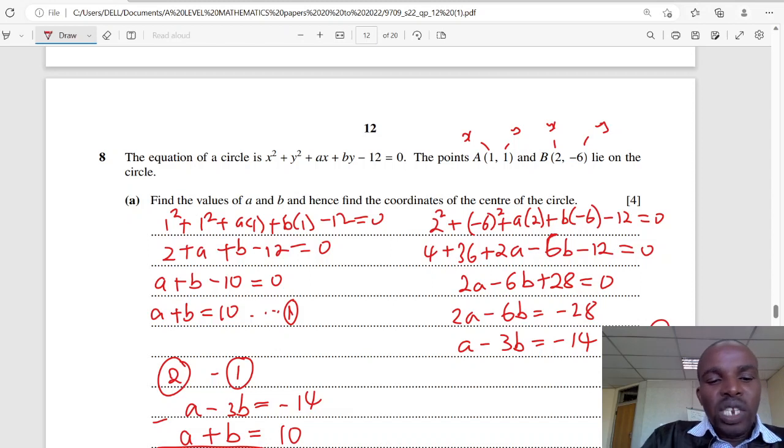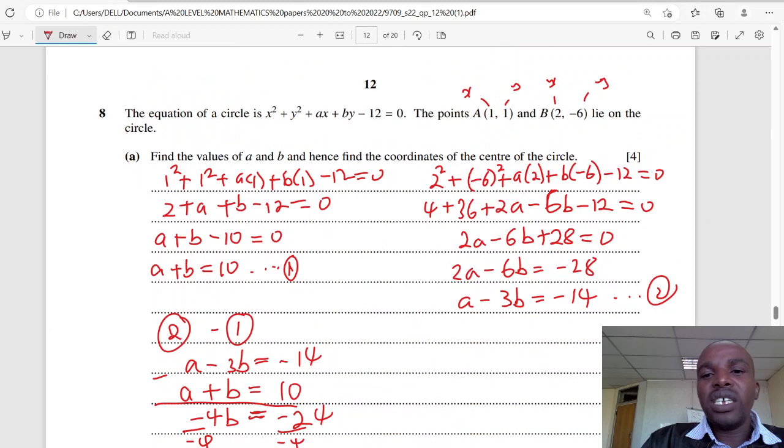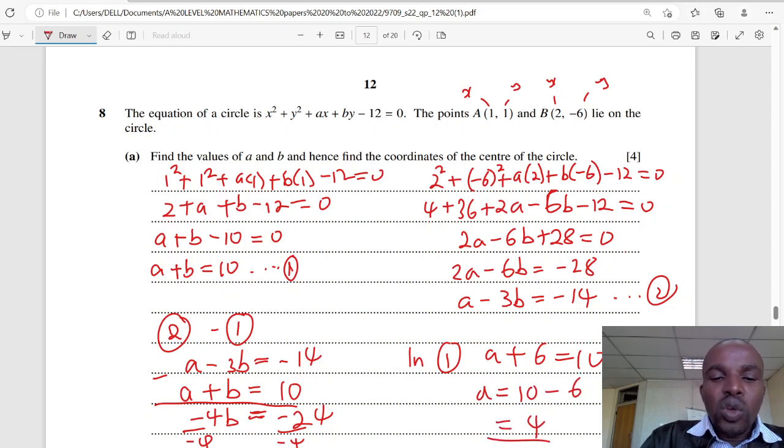Like this. So divide by minus 4, divide by minus 4, you get your b is equal to what? b is equal to 6. Now to find a, in equation 1, a plus b, you put 6, is equal to 10. Then a is equal to 10 minus 6, which is equal to 4. So a is equal to 4 and b is equal to 6.